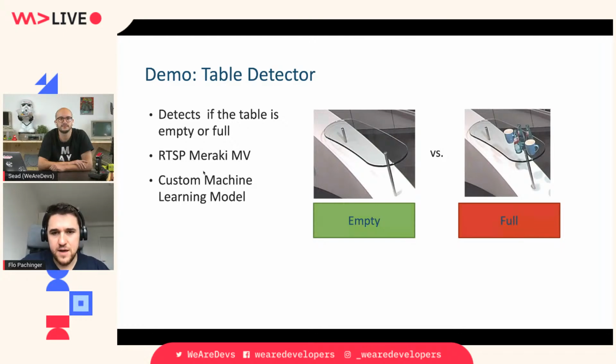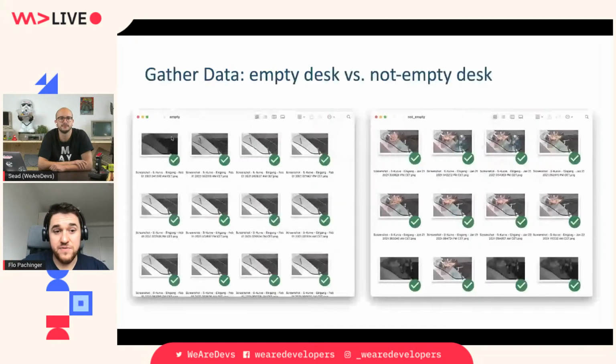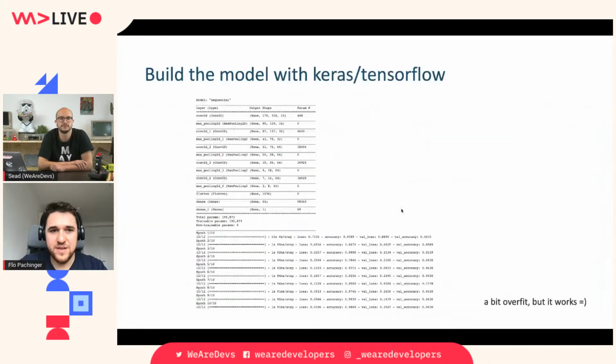For that, you create a lot of data sets, with lots of empty tables and lots of full tables. For the full ones, you also need to select the different full tables, for example if there are glass bottles, or if there's something else going on there. Then finally, you run this.